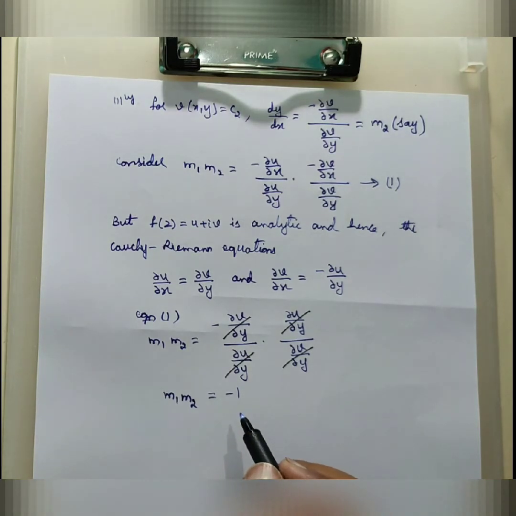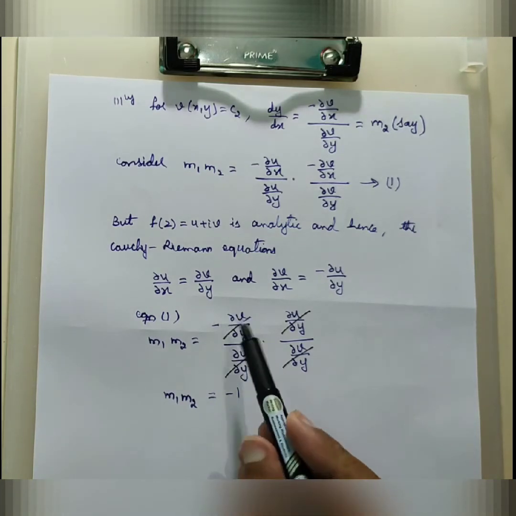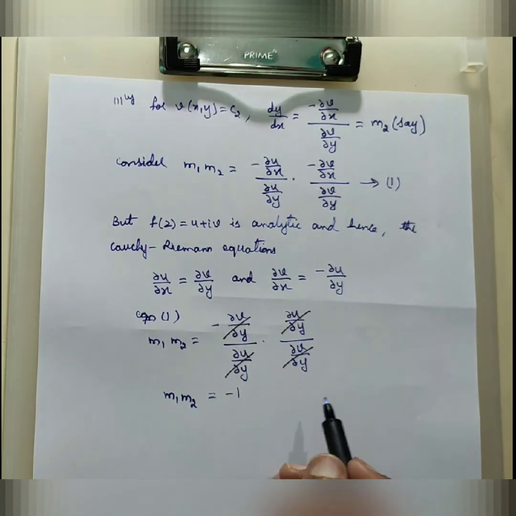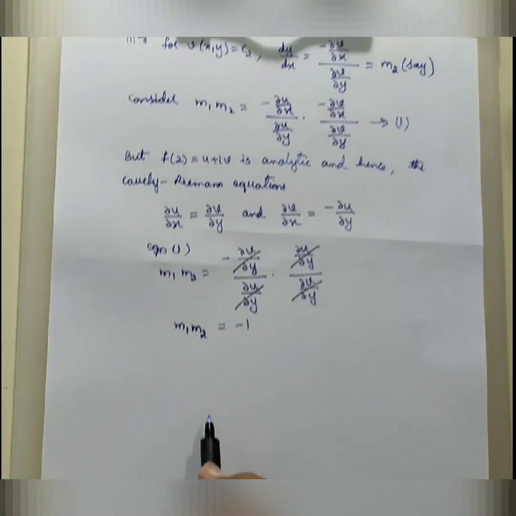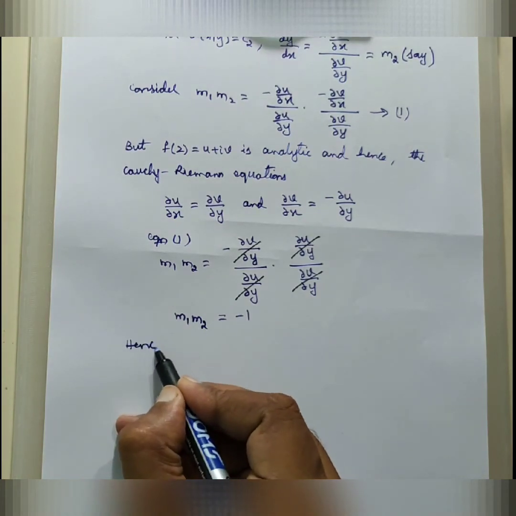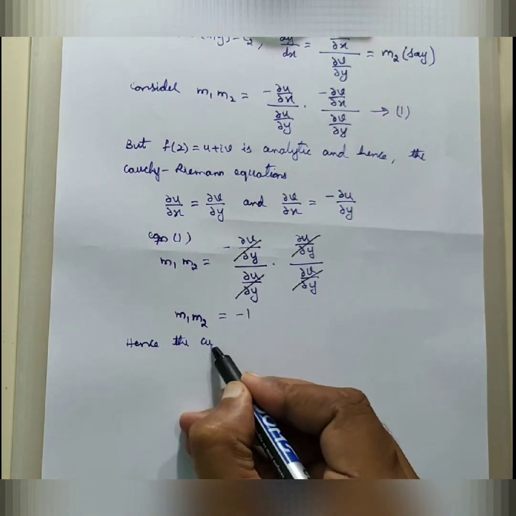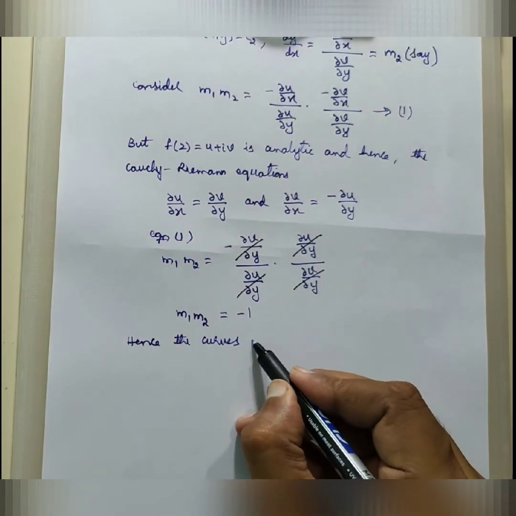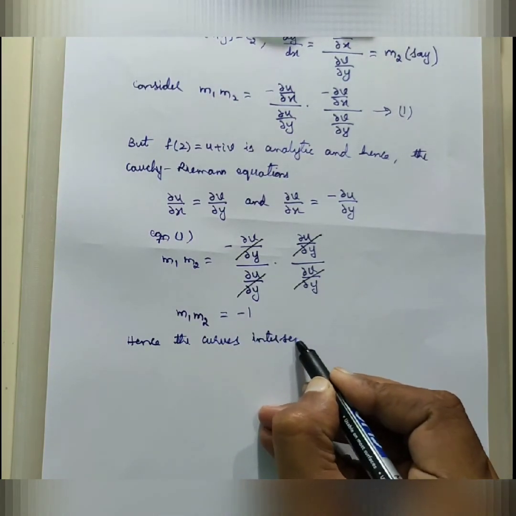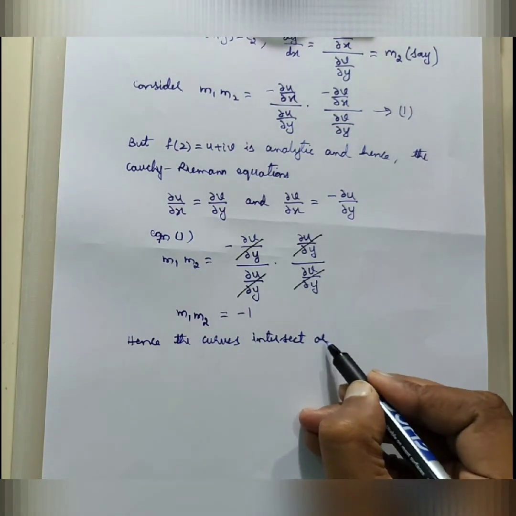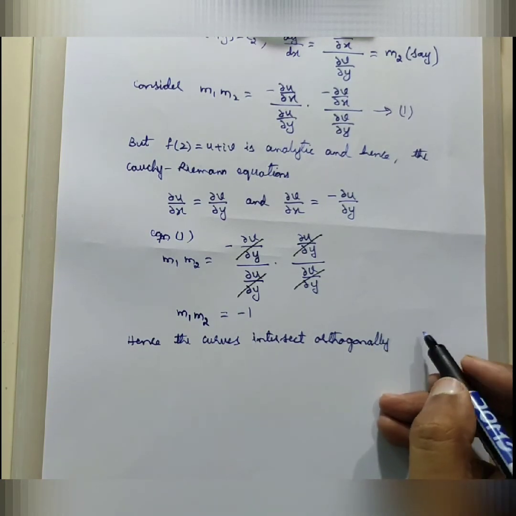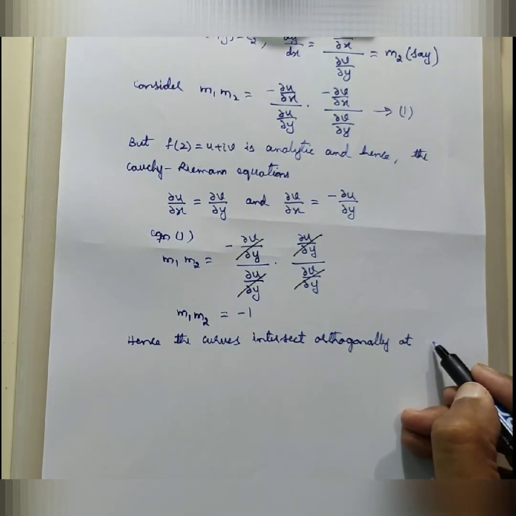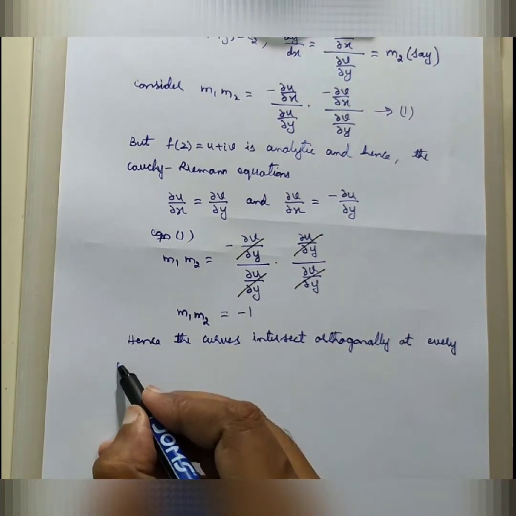So the condition for perpendicularity has been satisfied. What can you say about these two curves u and v? You can say that u and v are orthogonal to each other. So hence we can conclude that the curves u and v intersect orthogonally at every point of intersection.